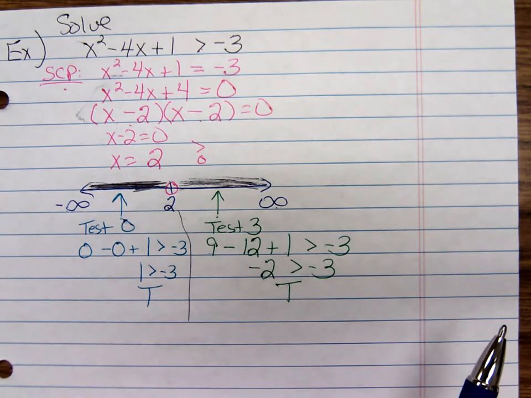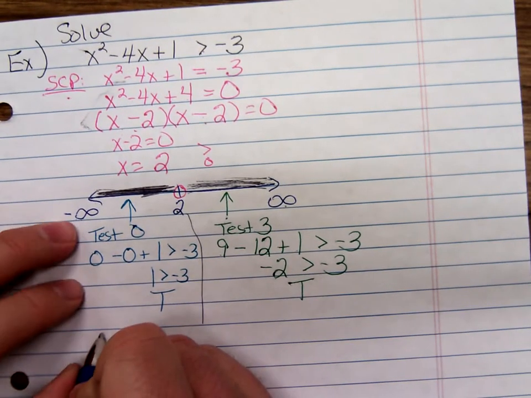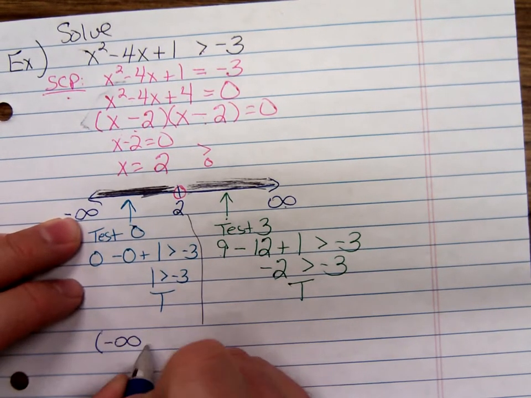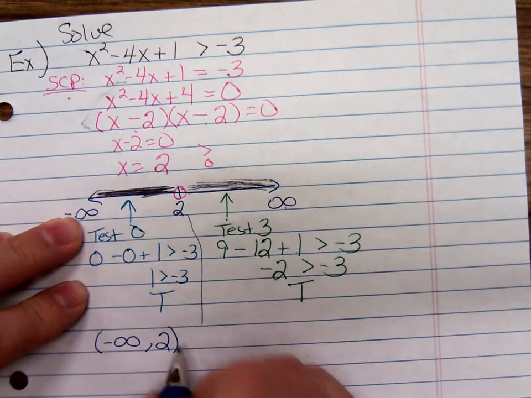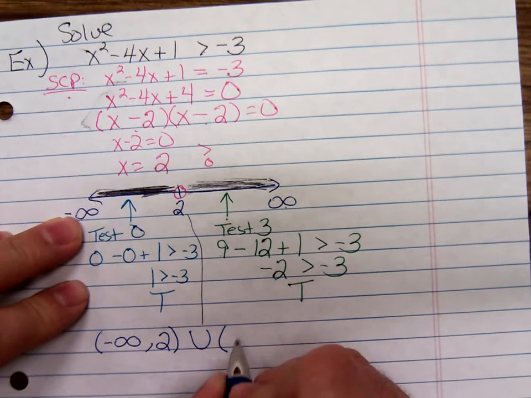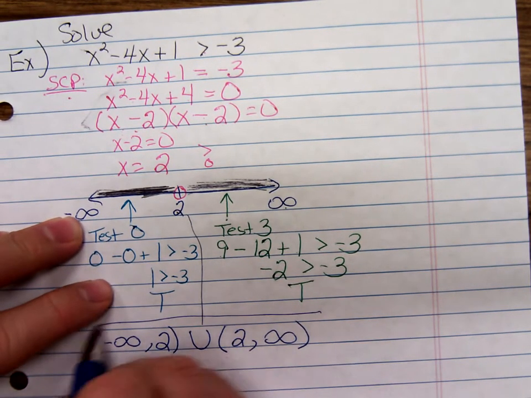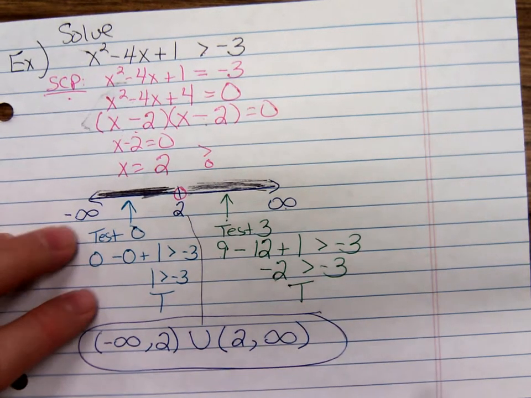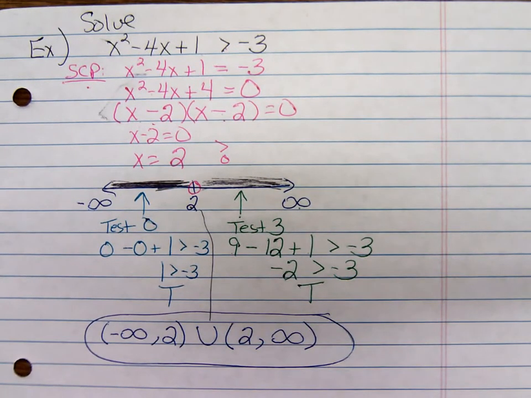Now, how would I write the solution here? Well, it'd be negative infinity to 2, close parentheses, union, parentheses, 2, comma, infinity. Okay? This is a nice little way of solving inequalities.